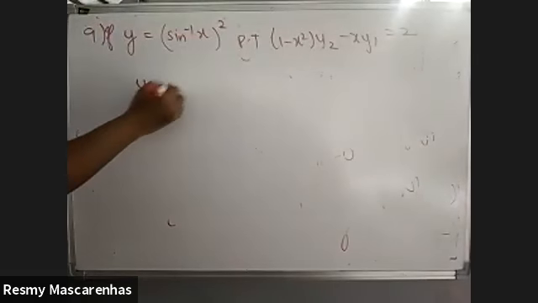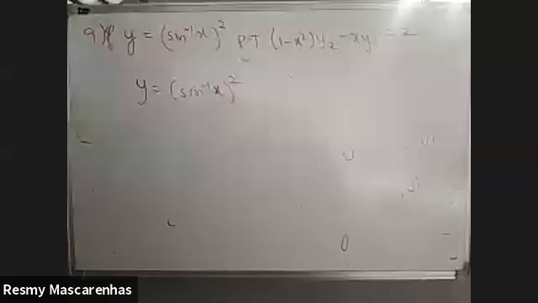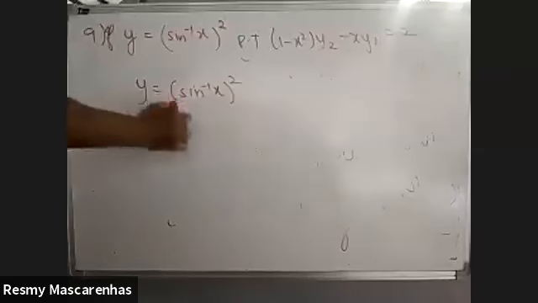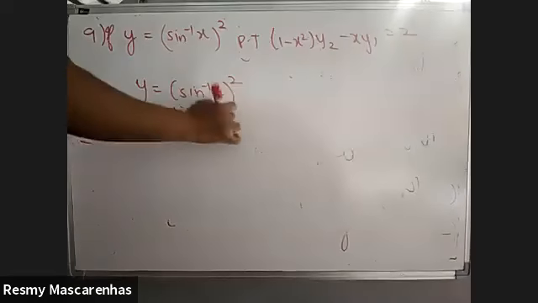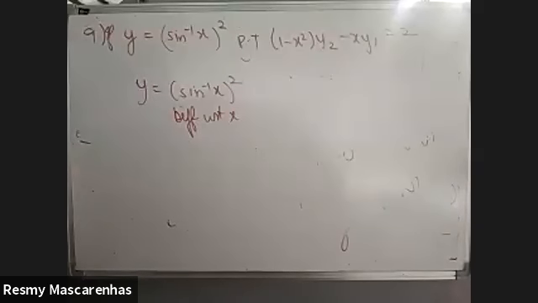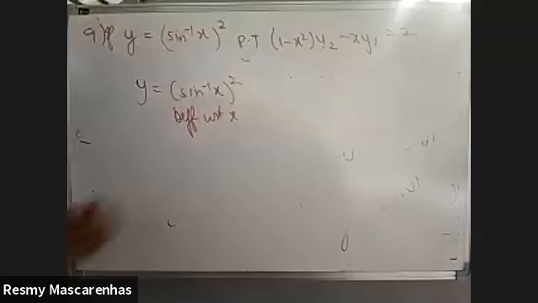This will be y is equal to sine inverse x the whole square. Now differentiate. So when you differentiate, this is like something raised to square. So this will be y1.